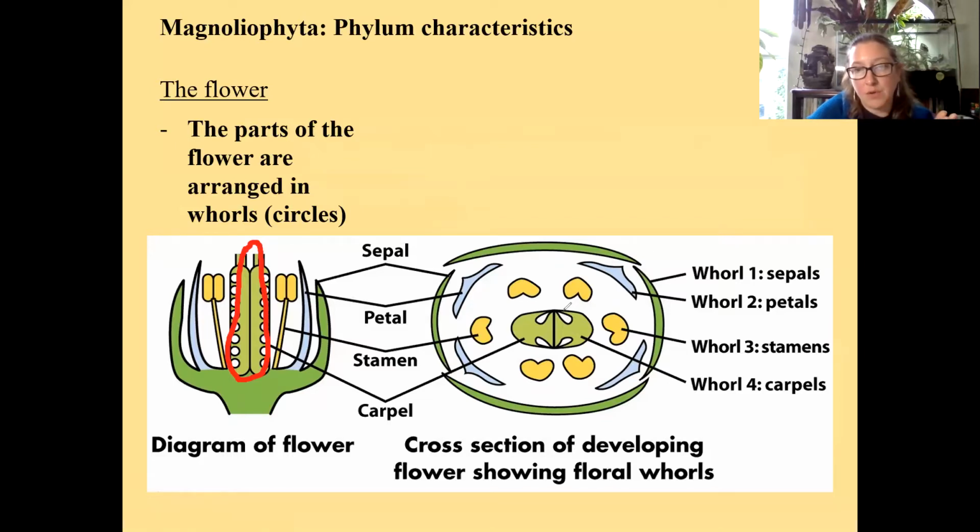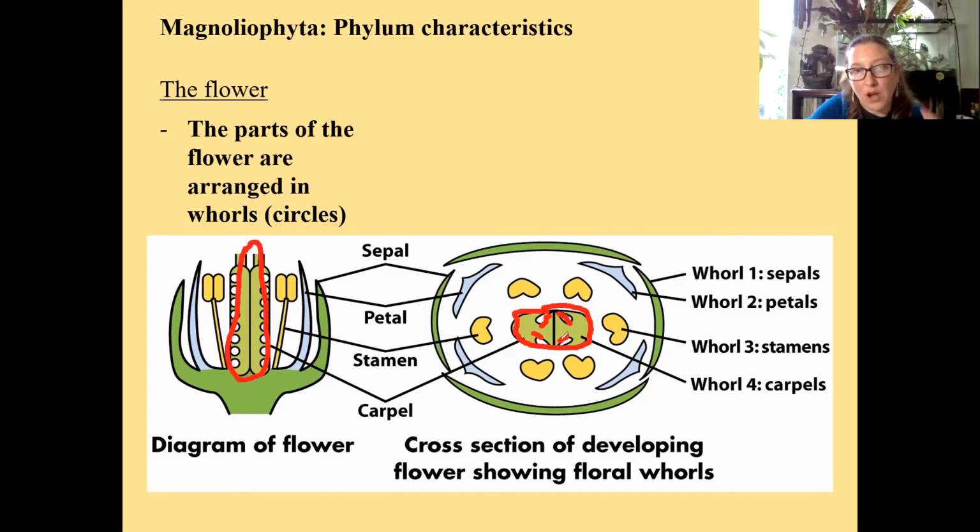This is not a great example because 1, 2, 3, 4, 5, 6, right. This is a made up flower, just for the purposes of learning whorls. But for example, this is one pistil here, and you have 1, 2, 3, 4 ovules that you can see.